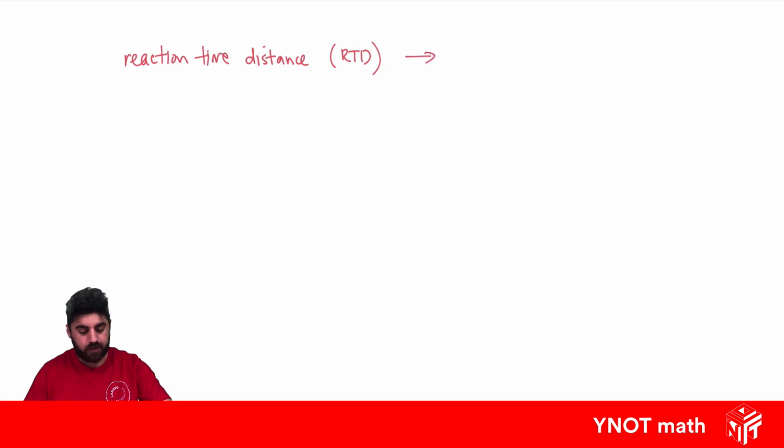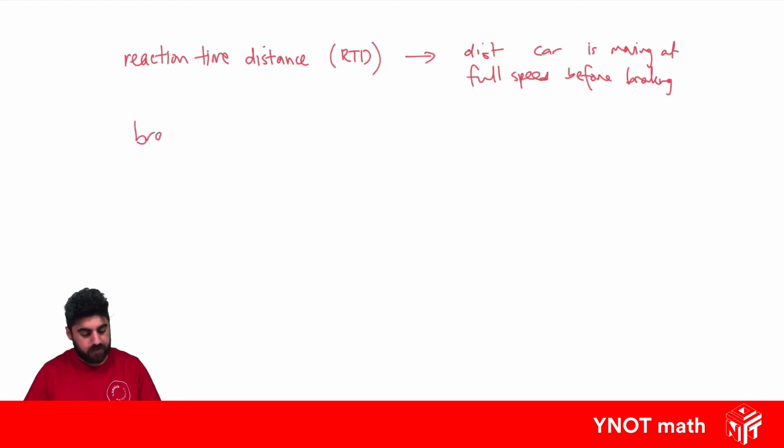So this is going to be the distance the car is moving at full speed before braking. Then we're going to look at braking distance. And this is the distance after you've put your foot on the brakes.